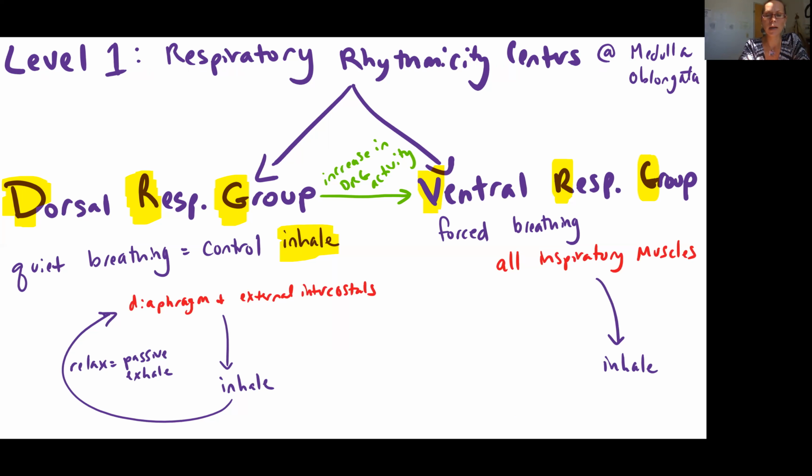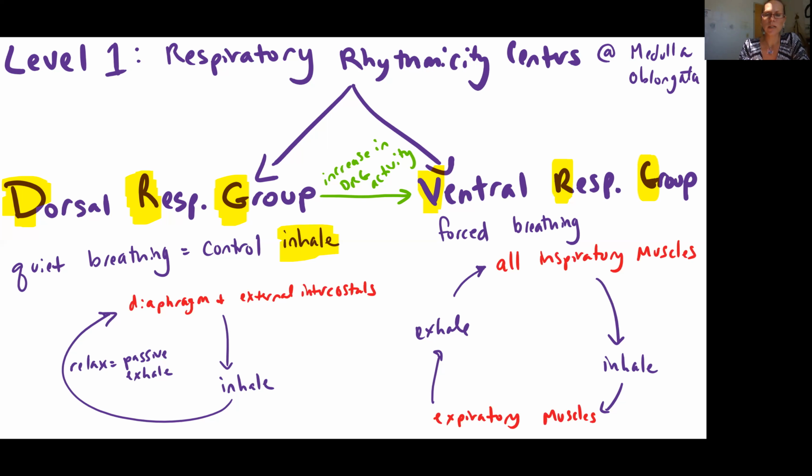You might start by recruiting all of your inspiratory muscles, which is going to give you that forced inhale. And then you're going to stop stimulating those muscles, start stimulating the accessory expiratory muscles, giving you that forced exhale. And then you're going to just keep moving through that cycle.